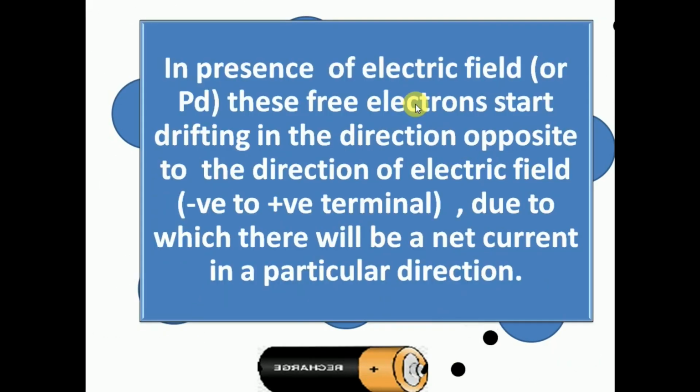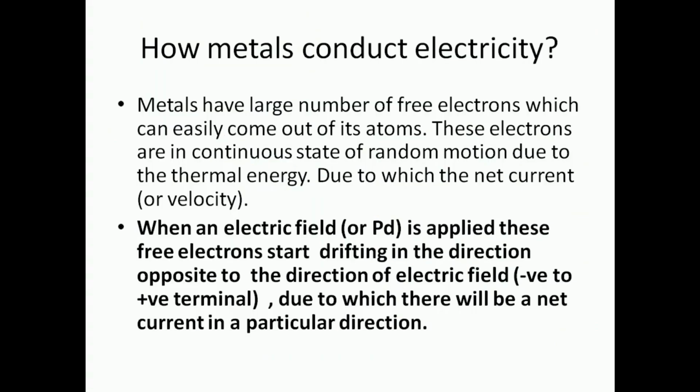As I have described, the same thing is written, you can pause and copy this. So this is how metal conducts. Because of free electrons, they move in the presence of electric field or potential difference, and they give current.